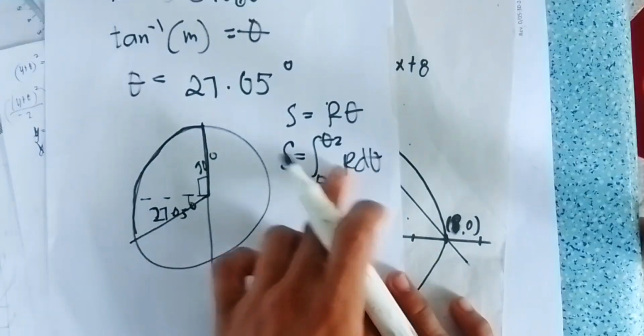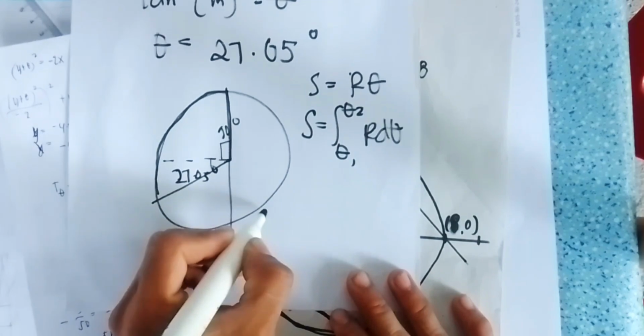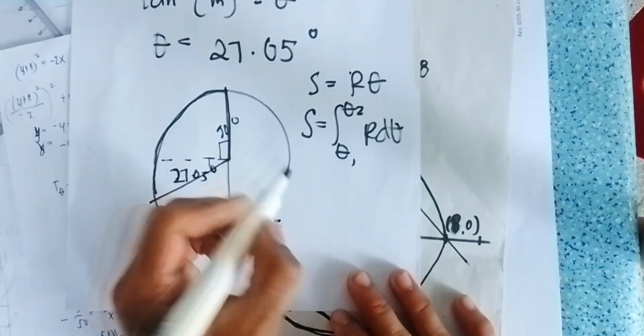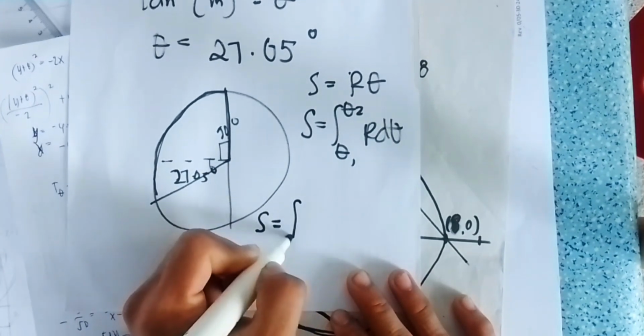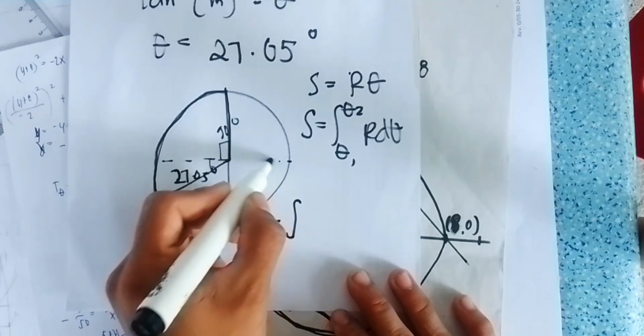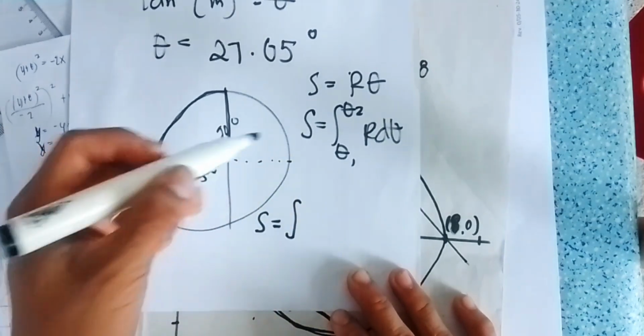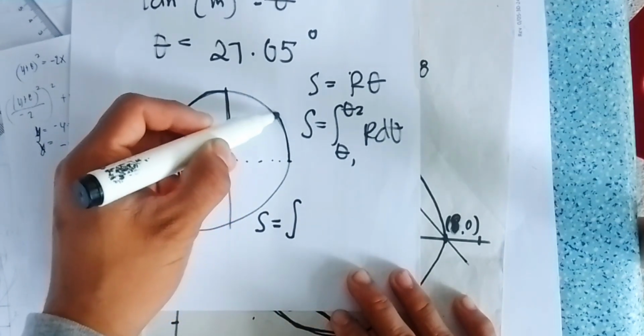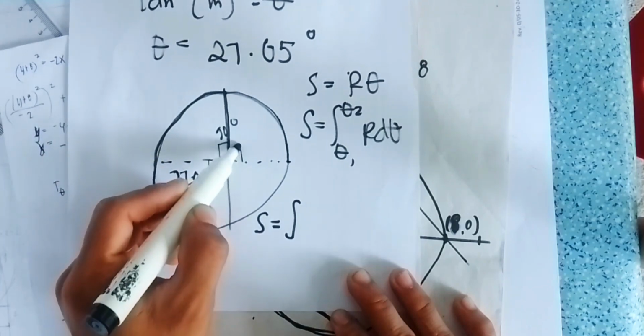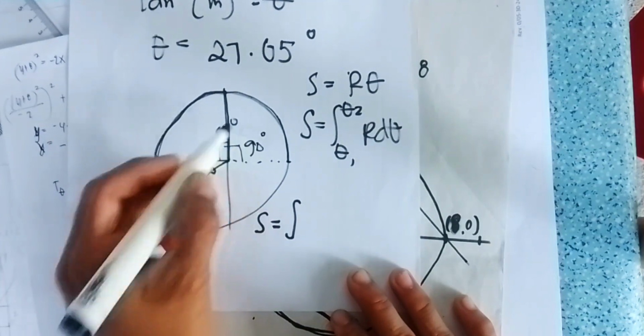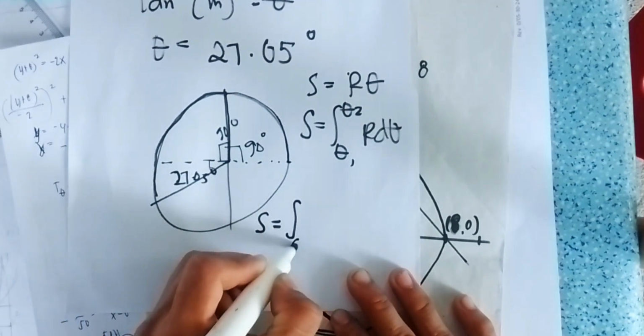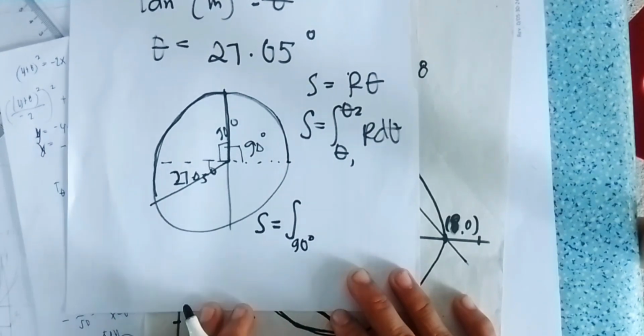So to get that, we'll use S is equal to the integral of, your theta 1. This is your vertical line, right? So from this one up to this one, that is approximately equal to 90 degrees. So your theta 1 is equal to 90 degrees.